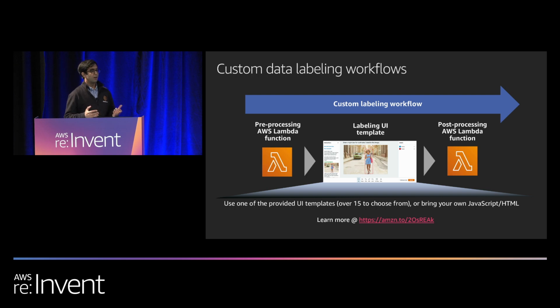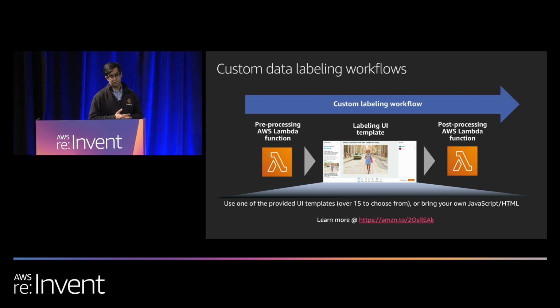You can do very, very interesting things like, for example, pull in additional metadata or context per image, right, and add that to the task. With the pre-processing Lambda, with the post-processing Lambda, you can do kind of neat accuracy improvement type of features, where you're consolidating answers from multiple workers. So very robust framework. You can do a lot with it.